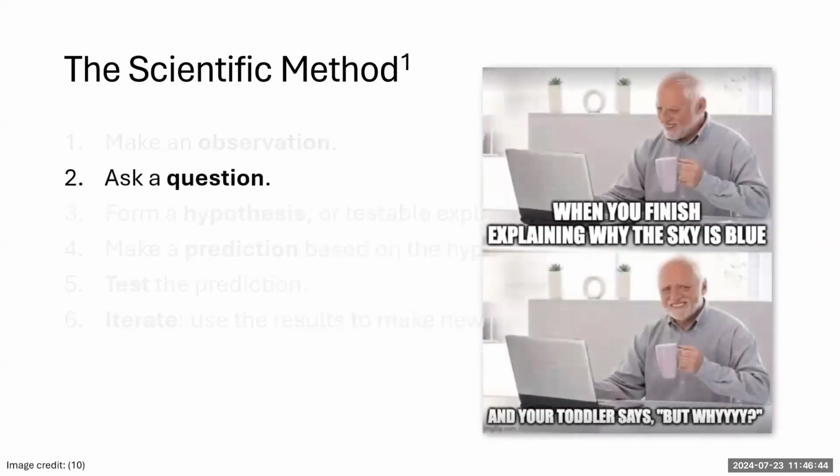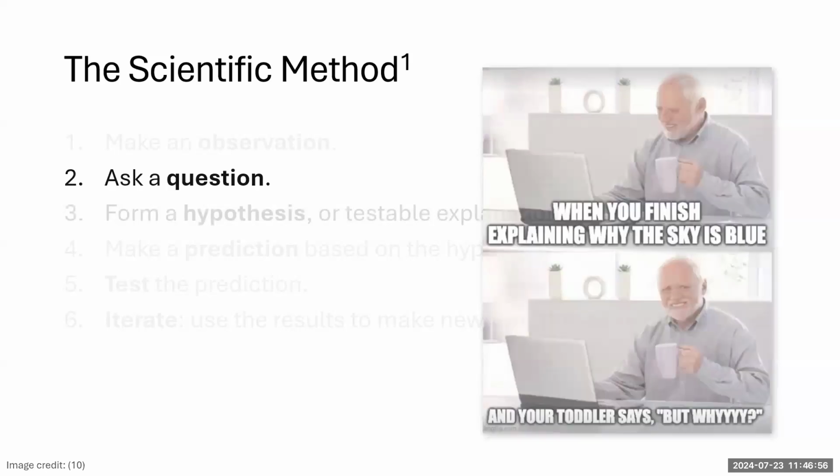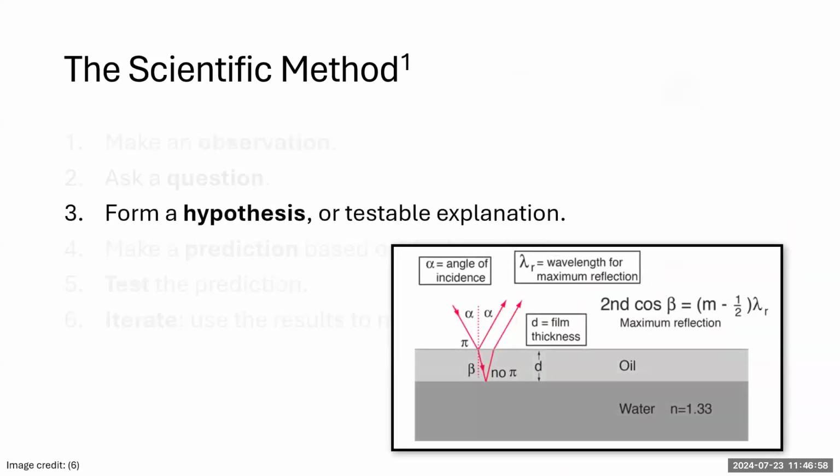The next step is to ask a question. Asking good scientific questions is a skill that can take time to develop. Some of us used to be great question askers when we were young, but later became discouraged. Now that we have an observational question, and before we start experimenting, we first speculate about how we could explain the observation.